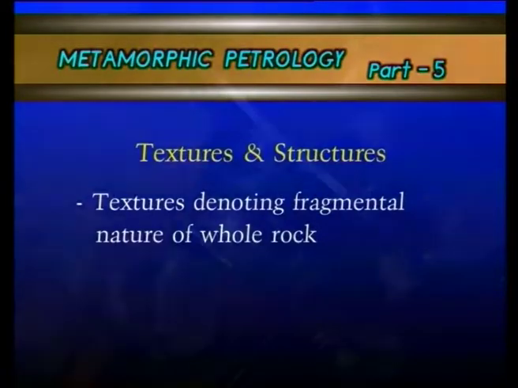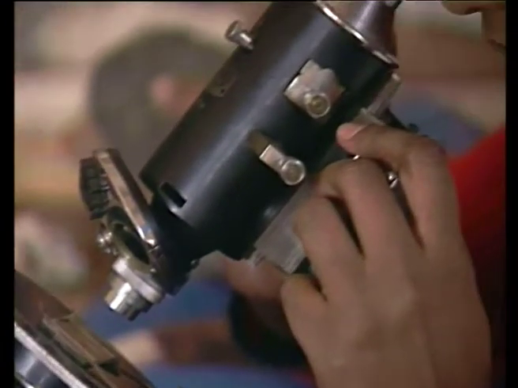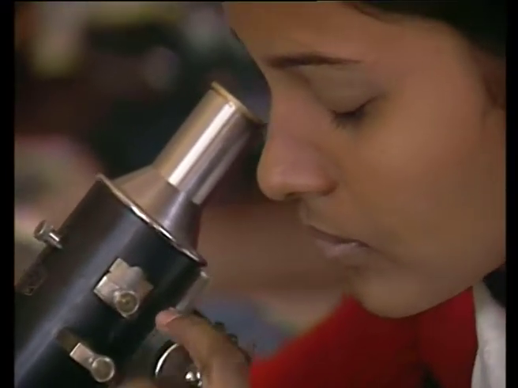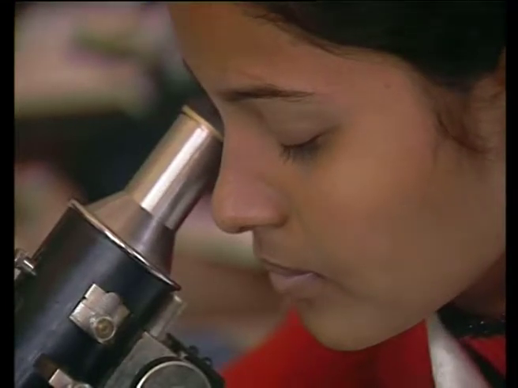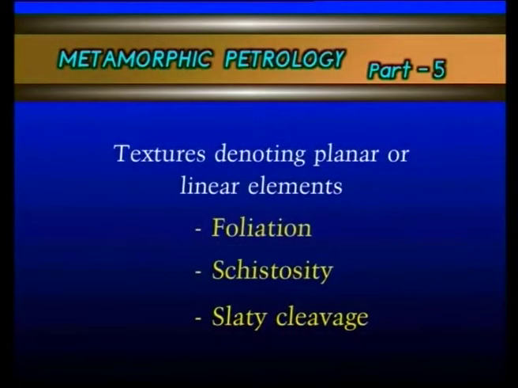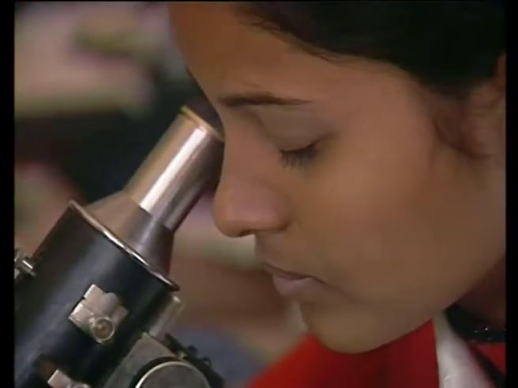If we take the linear and planar structures, on that basis we can find many structures which we normally observe in metamorphic rocks, like foliations, schistosity, slaty cleavage, gneiss, etc. Now let us take the first case, foliations.